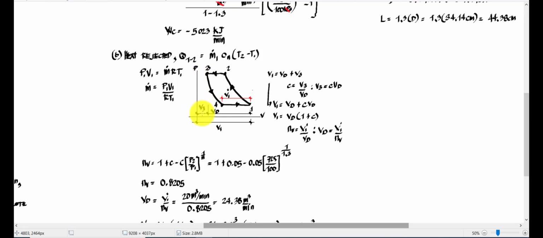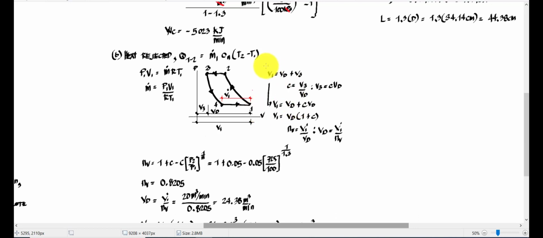Then your V3, it is also from here, from point 3, starting from the 0 here going to 3. Then your volume displaced is starting from point 3 going to V1. And our V1 prime will be the volume of air that is being drawn in or sucked in during the suction stroke, starting from V4 to V1.